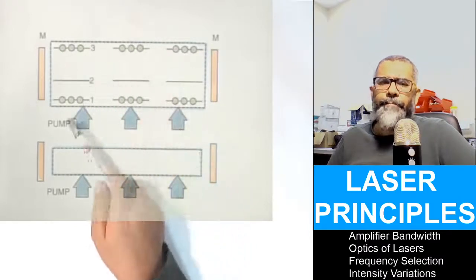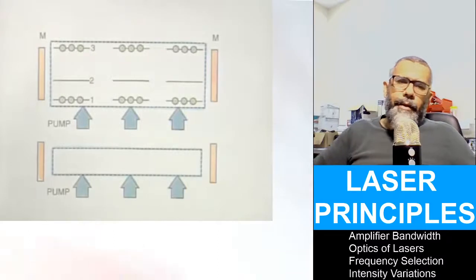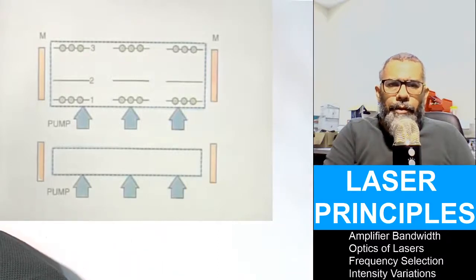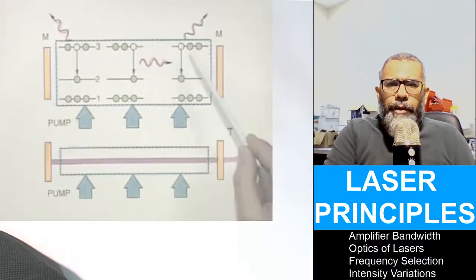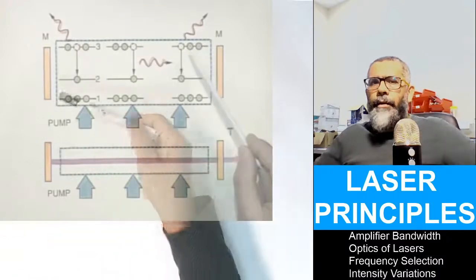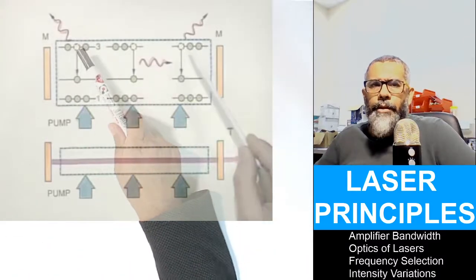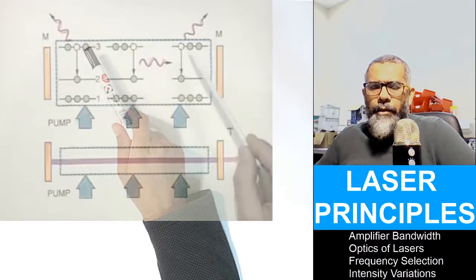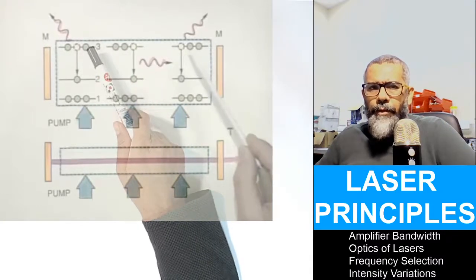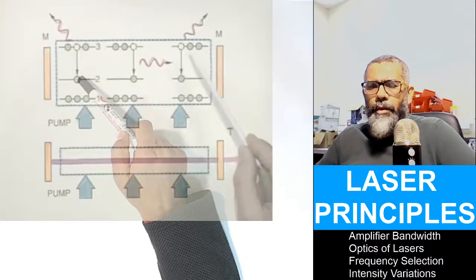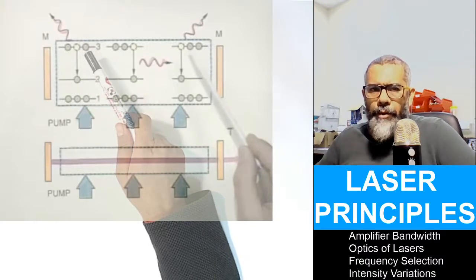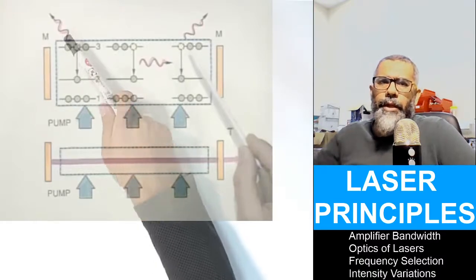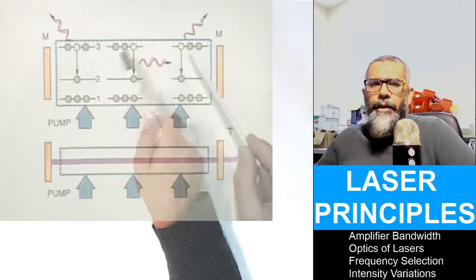All right, so what happens over here next is that when these atoms at the third level start making this transition from 3 to 2, in the process of spontaneous emission, they will just give away photons randomly in any direction.